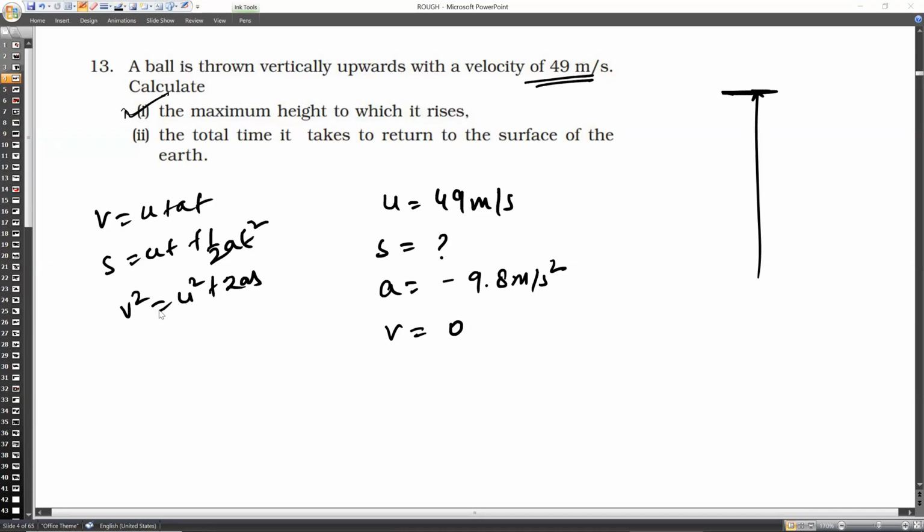So tell me this one, that this equation we are going to use, because there is no time here, not being given.